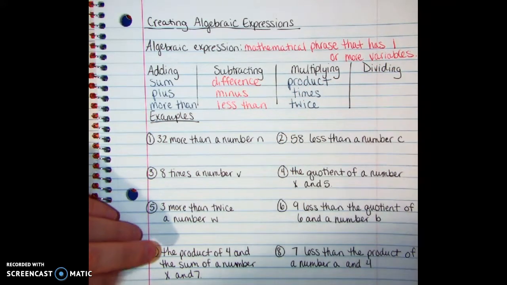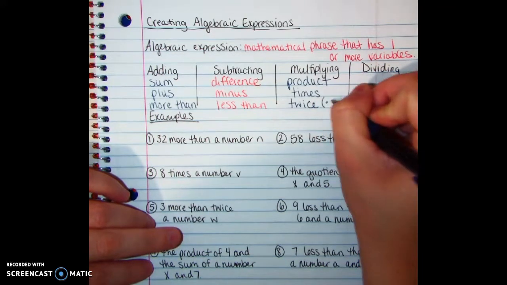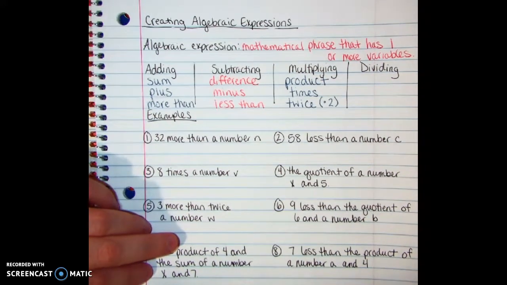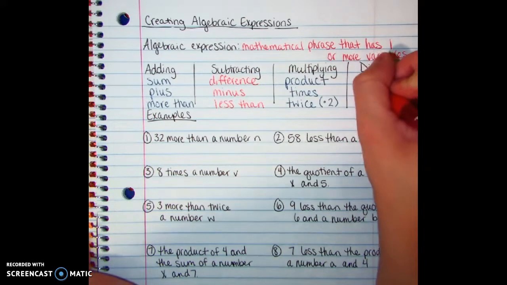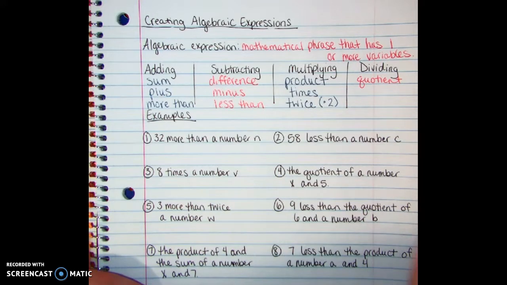If you might forget about that, you might want to put times 2. And the last one, for dividing: quotient and divided by.